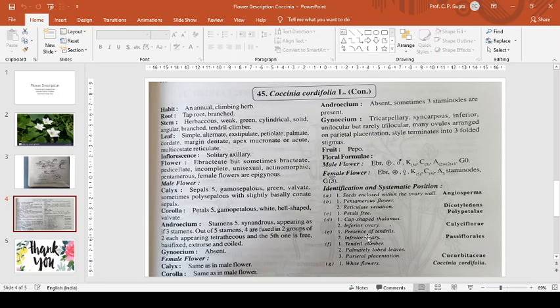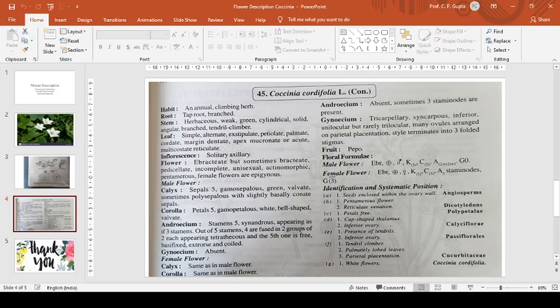In Passiflorales, plants have tendrils and inferior ovary, and when the plant is a tendril climber with palmately lobed leaves and parietal placentation, these are the characters of Cucurbitaceae, and white flowers are Coccinia cordifolia. So this is the description of Coccinia cordifolia belonging to the family Cucurbitaceae.